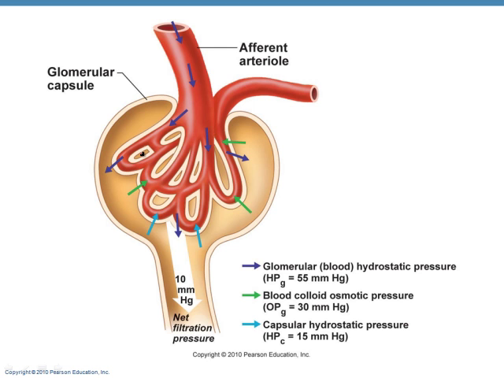You want to go from a high pressure to a low pressure. So what gets set up in the glomerular capillaries is a high pressure gradient, so that the pressure inside those glomerular capillaries, because of the way that they are arranged and set up in the capsule, is much higher than what's outside those capillaries in the glomerular capsule itself, or Bowman's capsule.